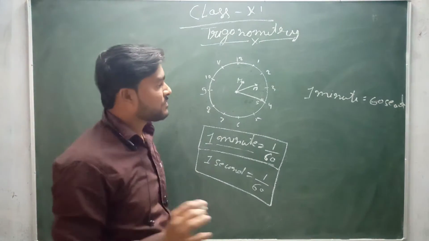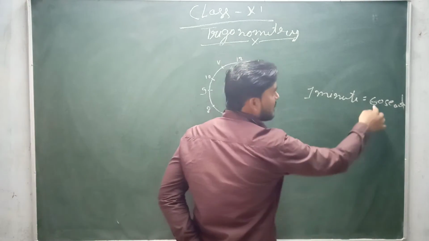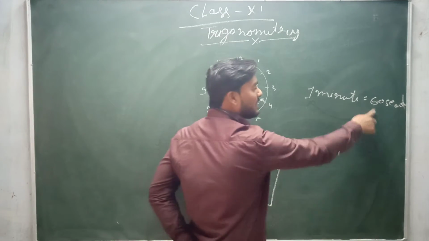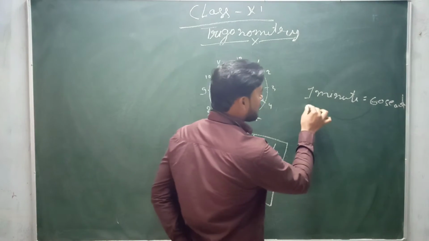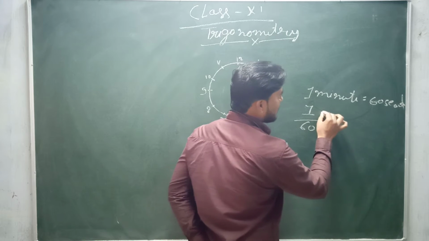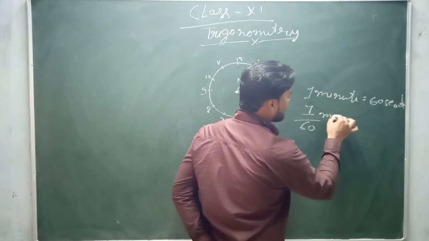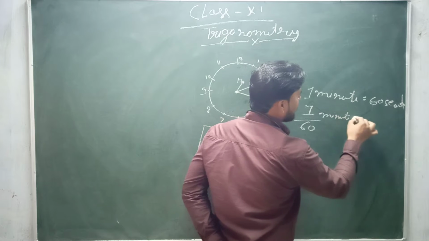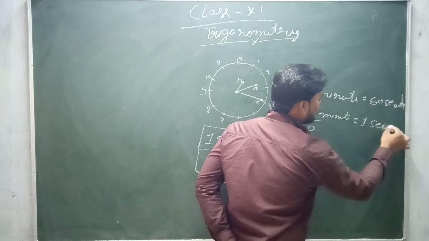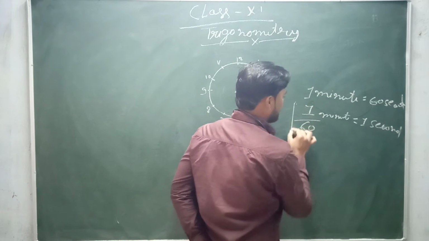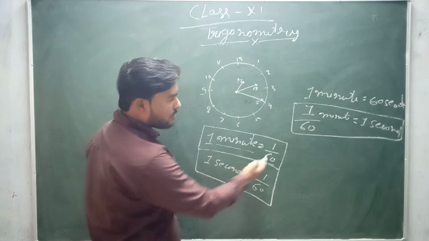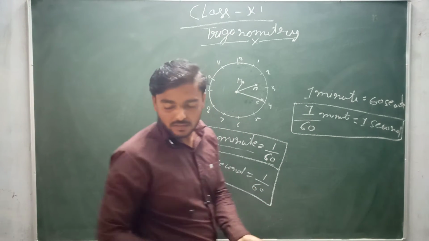When this 60 comes to this side, here will be 1 second equal to 1 upon 60 of a minute. One second is equal to 1/60 minute.